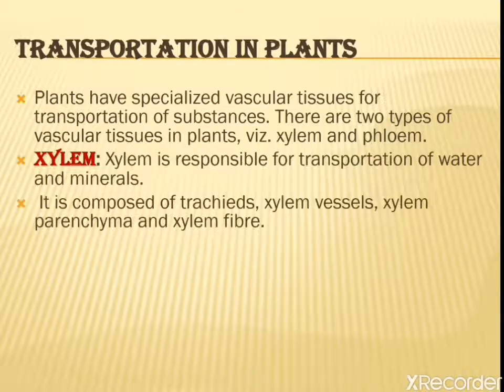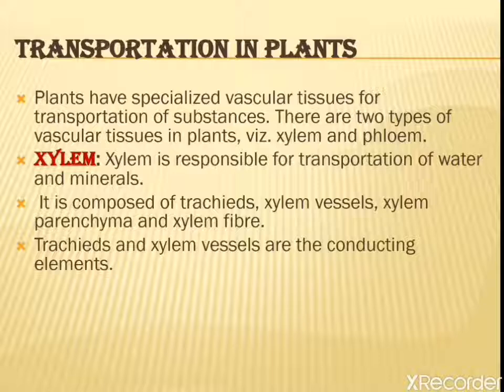It is composed of 4 components: tracheids, vessels, xylem parenchyma, and xylem fiber. It is mostly dead. The xylem vessel, xylem tracheid, and xylem fibers are dead cells. Only the xylem parenchyma is living cell.